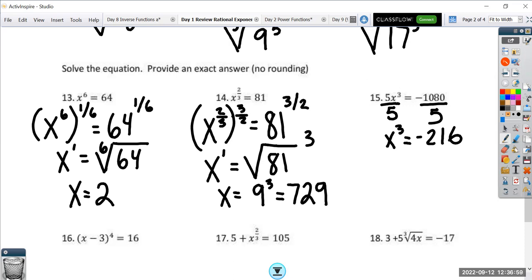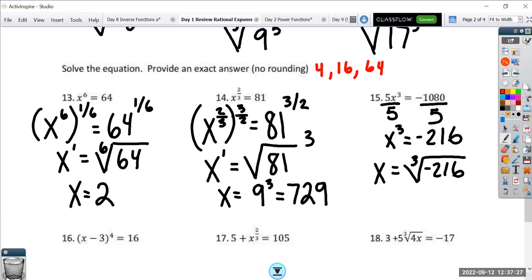I'm not really sure what that is, so I'm going to just test some numbers out. I know if I'm taking the cube root, I need to simplify. So I'm going to start thinking of my numbers. If I'm thinking of 4s, I have 4, 16, 64.